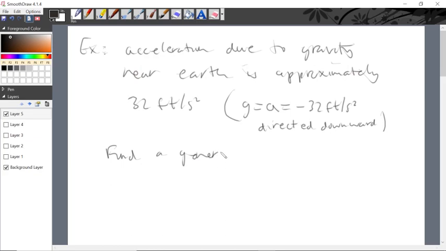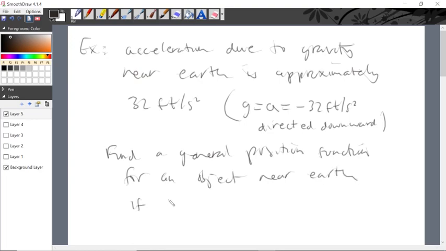So find a general position function for an object near Earth if we're given that the velocity at time 0 is v0, that is the initial velocity of the object.